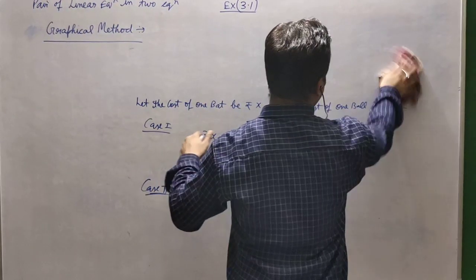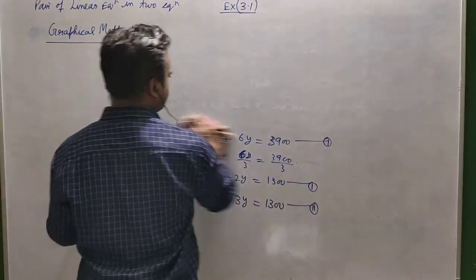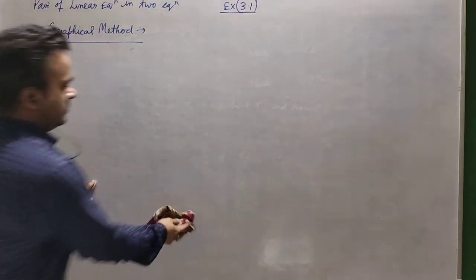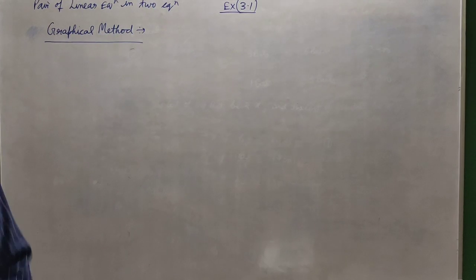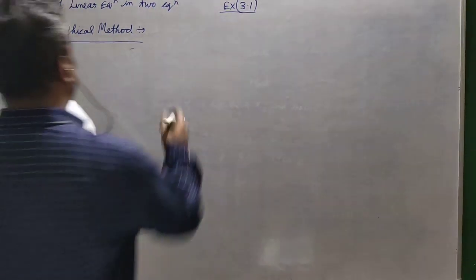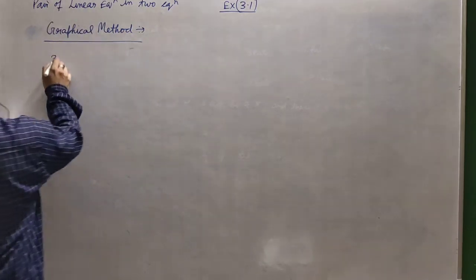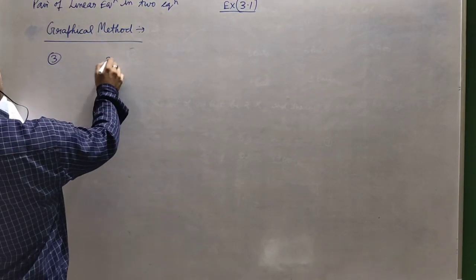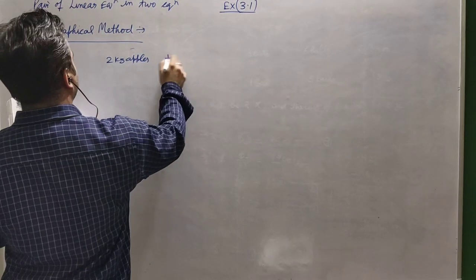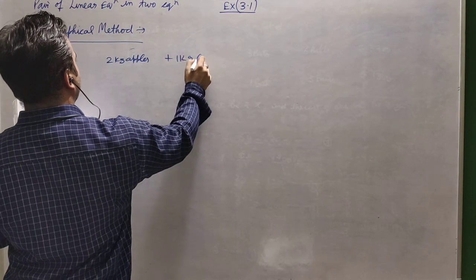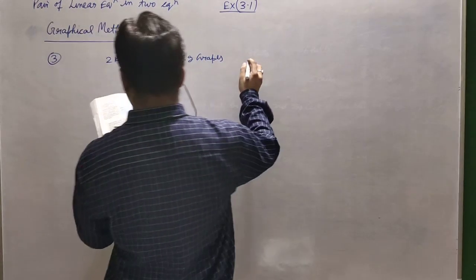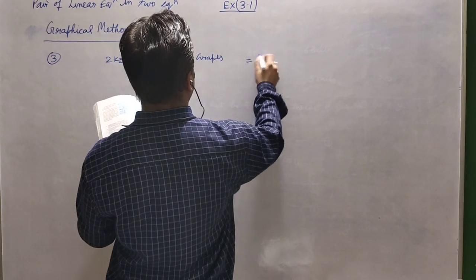I hope this particular concept is clear. So question number 3 I am writing here. 2 kg apples plus 1 kg grapes together cost rupees 160.